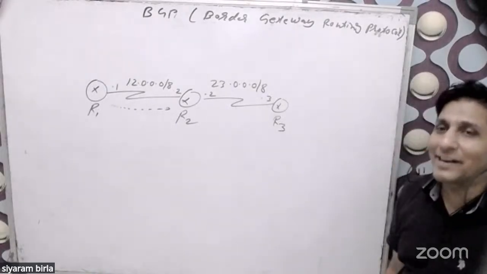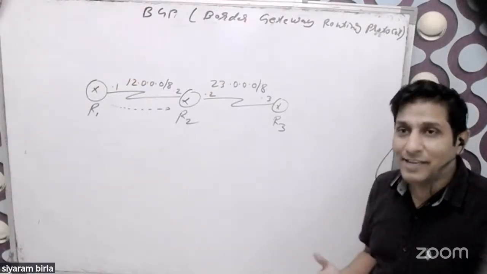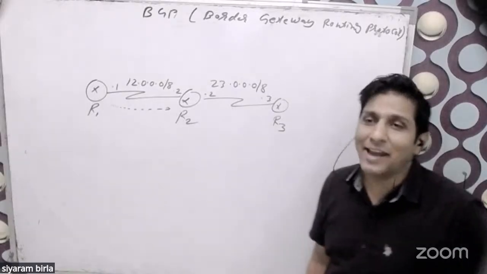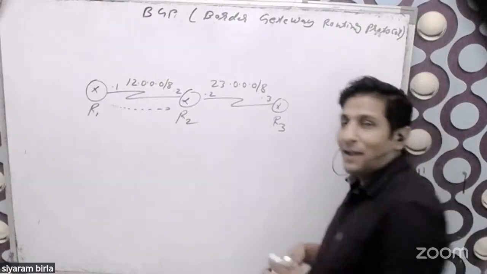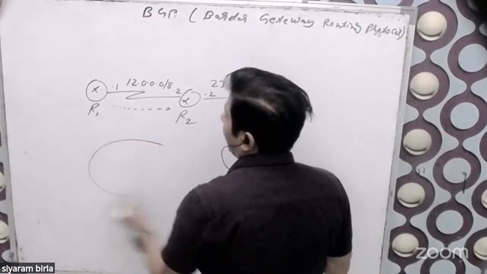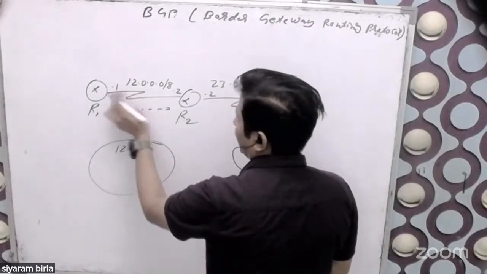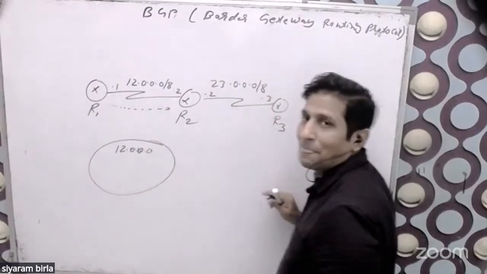BGP can create the indirect neighborship. OSPF, EIGRP or ISIS are not able to create the indirect neighborship because they are sending the hello message, and in the hello message they are putting the network IP. Suppose in between these two routers the network IP is this one.